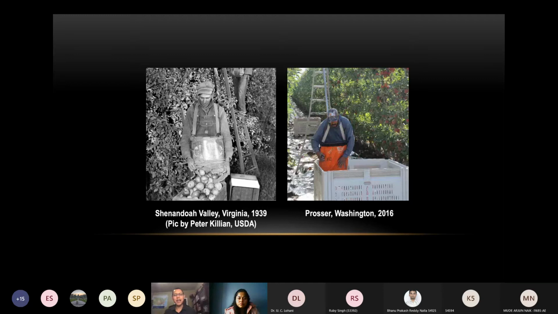The way we harvest apples has not evolved at all ever since we knew how to build these ladders and little baskets or bags to carry fruit up and down these ladders. As you can see, on our left is a picture taken about 80 years ago down in Virginia, and the one on our right is a picture we recently captured in the state of Washington.